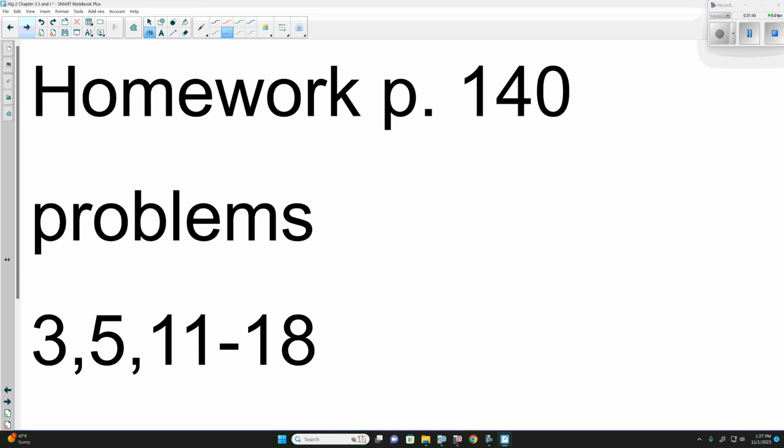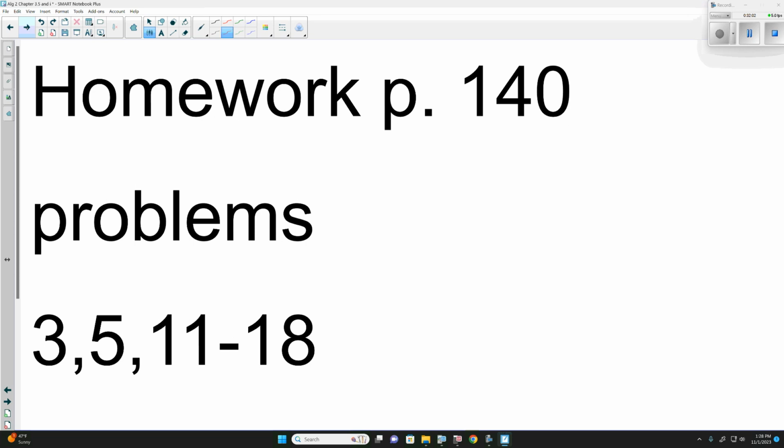Problems 3 and 5 are solving by radicals, but in both cases, x squared minus 8x plus 16 is already a perfect square trinomial. You can do your normal factoring and get it down to a set of parentheses squared.